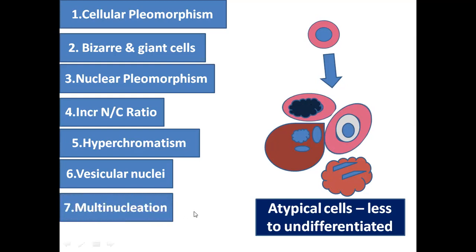And also we may have multinucleation. We may have cells with multiple nuclei. And we will see different shapes of mitosis, called mitotic figures. Because mitosis means our cells are in stages of proliferation and division, right? So these microscopic findings reflect malignant criteria of cells.